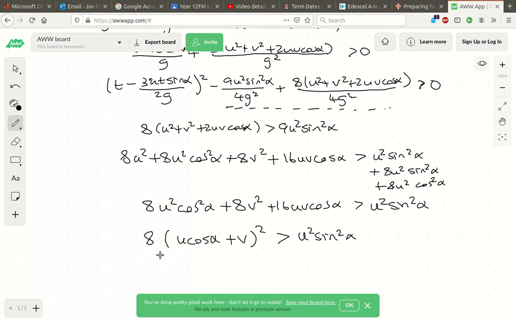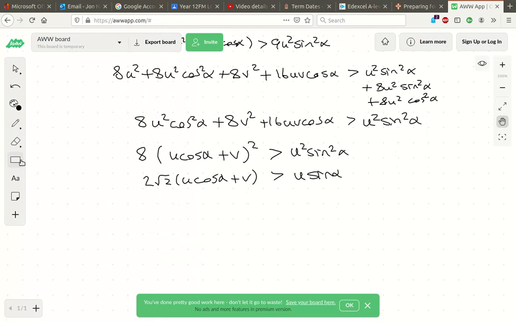Now I can safely square root as both sides are clearly positive, so I can make that 2 root 2 times u cos alpha plus v is greater than u sine alpha, and then I've essentially got to the answer because that easily rearranges into 2 root 2 v is greater than u sine alpha minus 2 root 2 cos alpha.